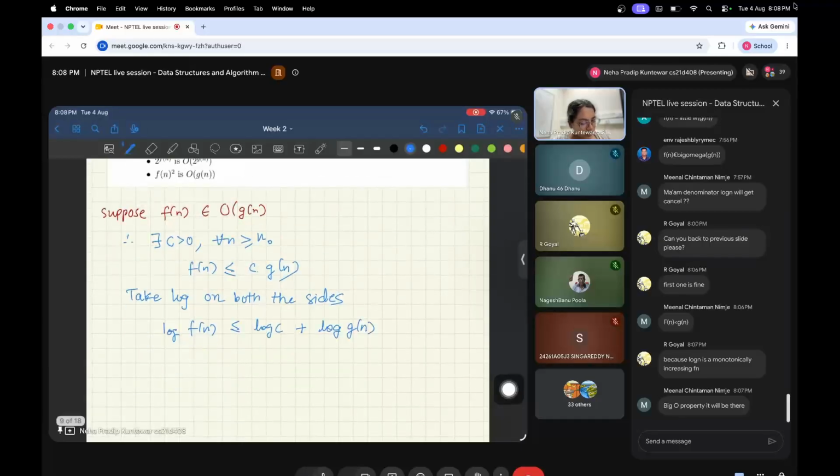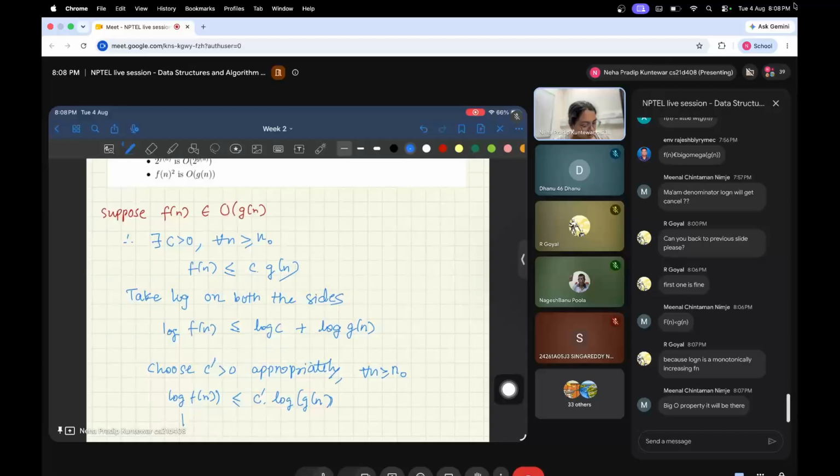That means if I choose c prime appropriately, we'll have that for all n greater than or equal to n0, log of f of n is at most c prime times log of g of n.